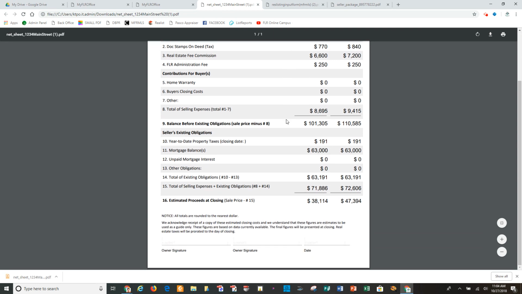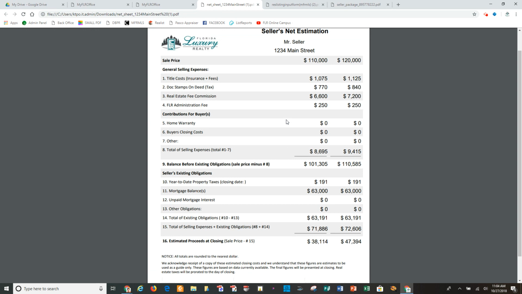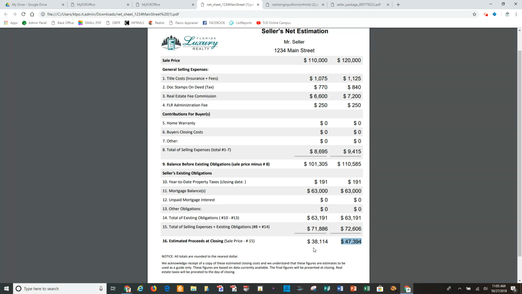Basically, this gives you a really close estimate of what the seller can expect at the closing table should the home sell for $110,000. After paying the mortgage and everything off, they're going to have about $38,000. If it sold for $120,000, then they would come out closer to 47,000 plus.